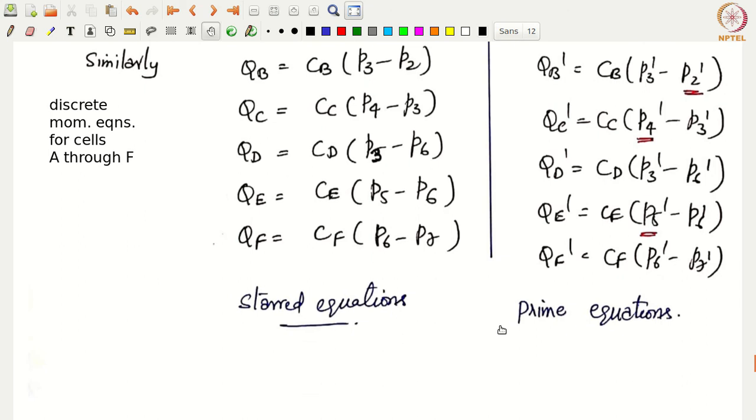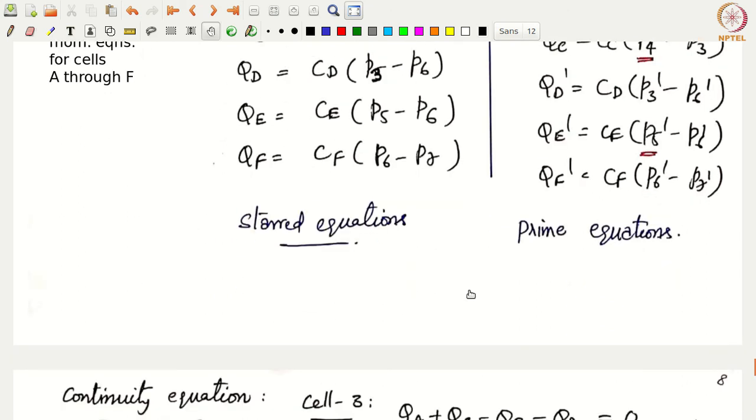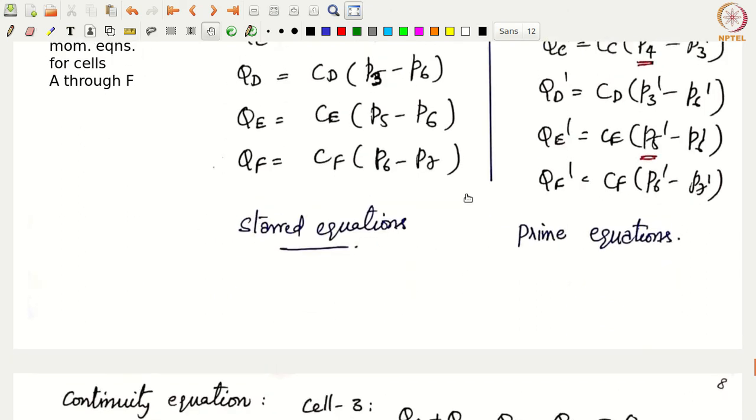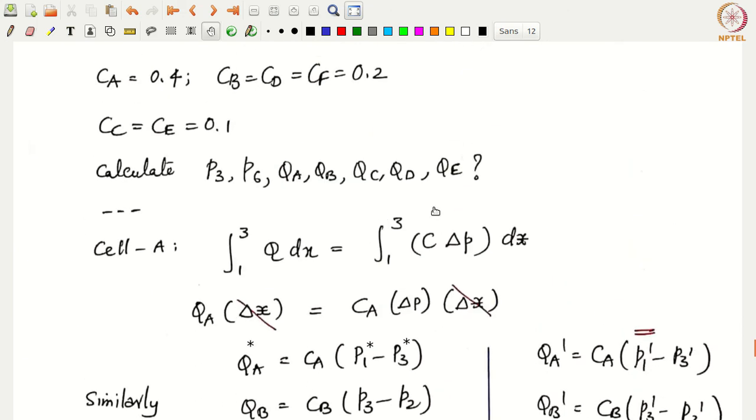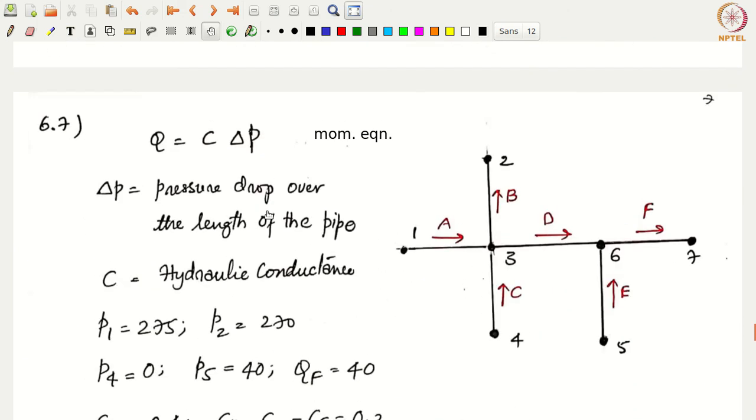Alright, so what is the step that follows? Basically you have to look for the continuity equation, but we were not given a continuity equation, because the only equation we are given is Q equals C times delta P. But where do we have to apply continuity equations? We have to apply continuity at the pressure cells, or the primary cells.